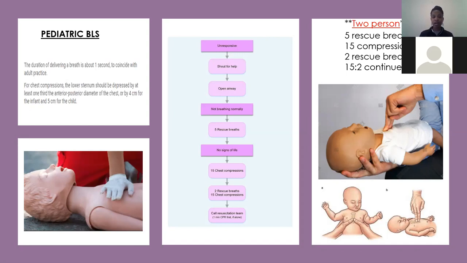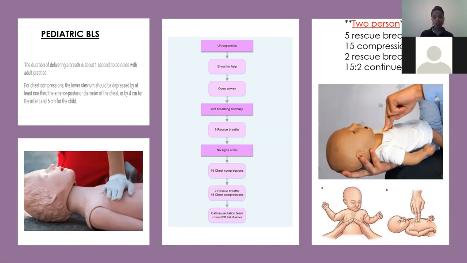So you say we have basic life support. And the thing that is very important compared to adult life support, adult BLS or adult CPR, is that pediatric BLS has a couple of differences. If you find a child unresponsive, the likely reason they are unresponsive is a foreign body lodged in their throat.